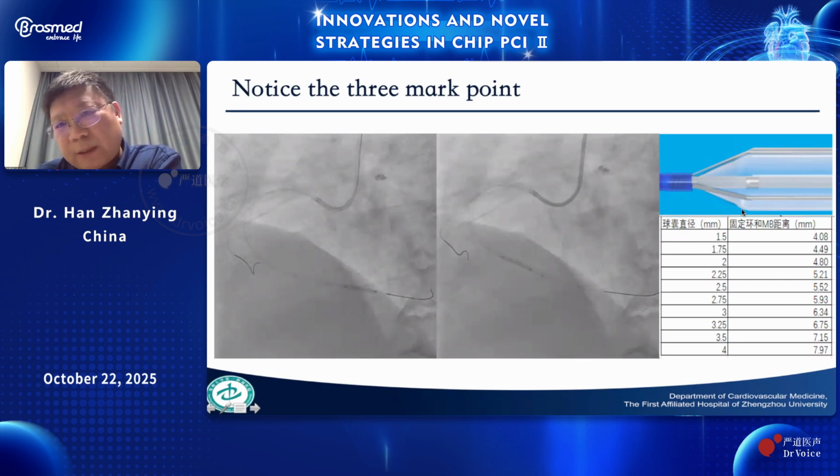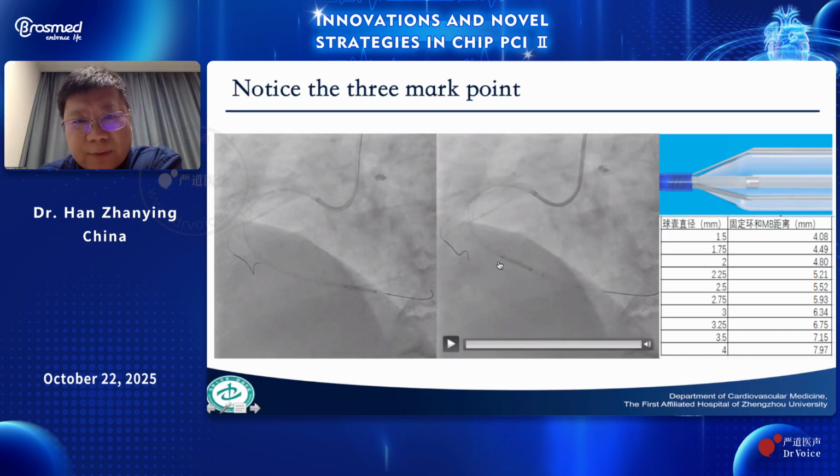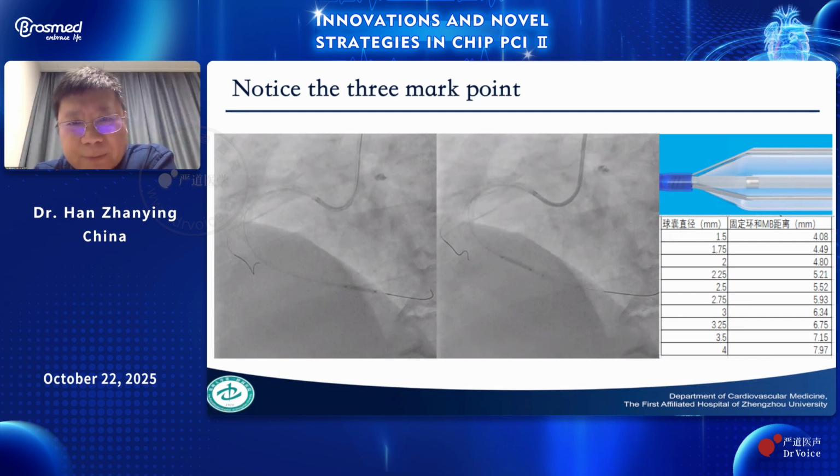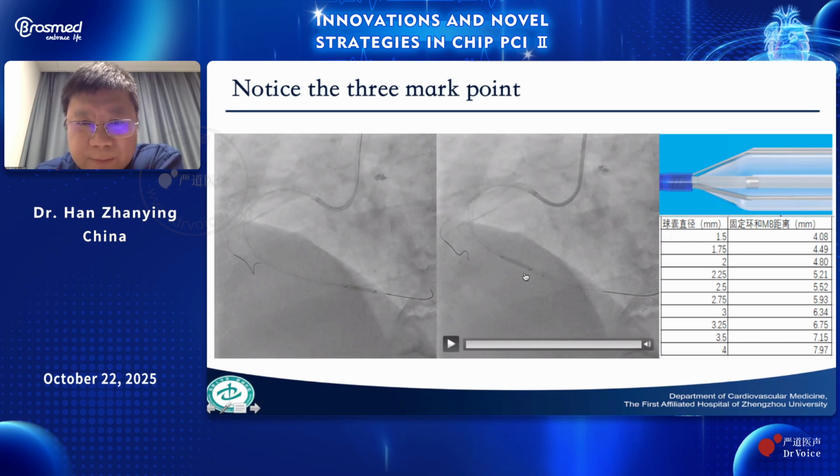This is the target, and with this novel cutting balloon, we have noticed its length is about 15, the same segment length compared with the cutting balloons we commonly use in the market.